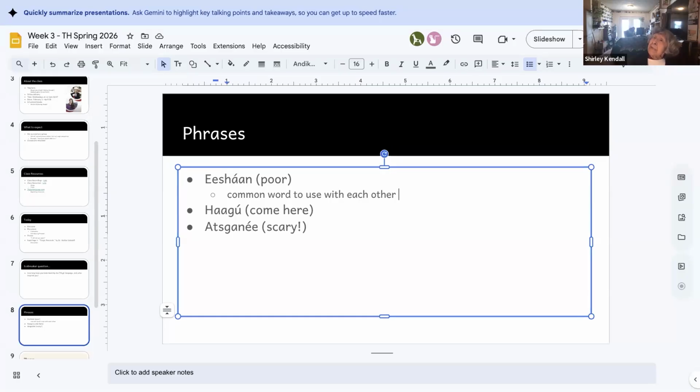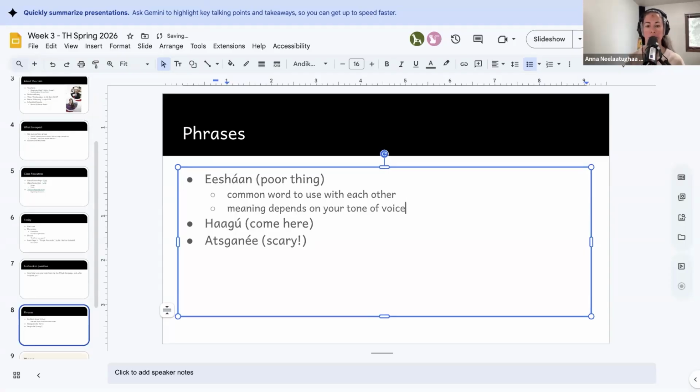The meaning, of course, is poor thing, but I think it was really a common word among us, and it depends on your tone of voice too. Like, Ishan, oh, poor thing. It's just how you use it.